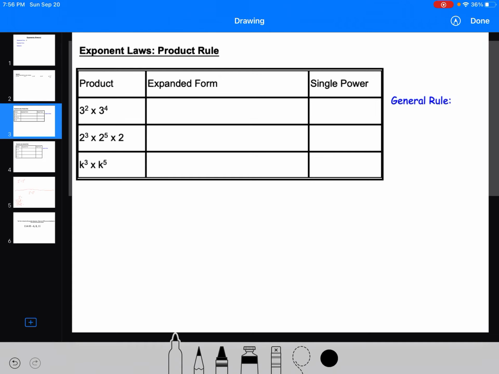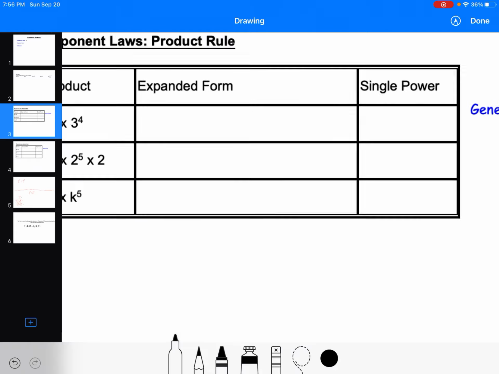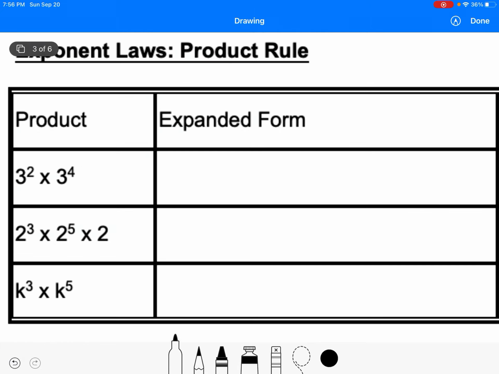Okay, so now what if we have two things that we're putting together? Well, the way I'm going to do this is I'm going to write it in expanded form first, just to kind of show you. So we've got 3 to the 2 times 3 to the 4. So this is going to be 3 to the 2, so 3 times 3, times 3 to the 4, which is 3 times 3 times 3 times 3.